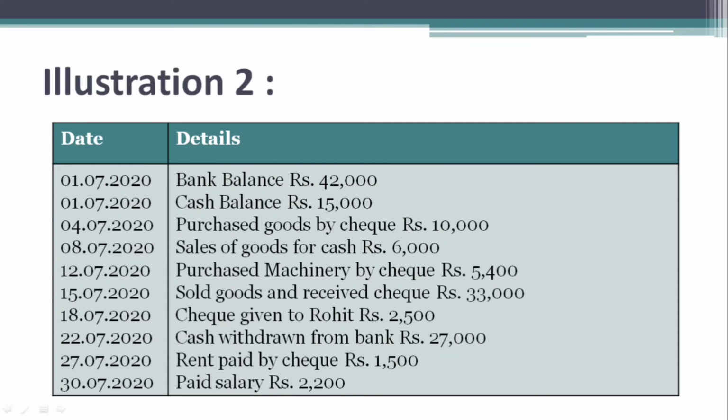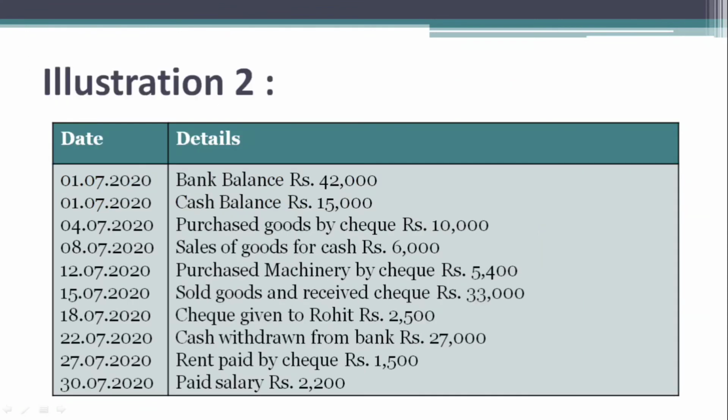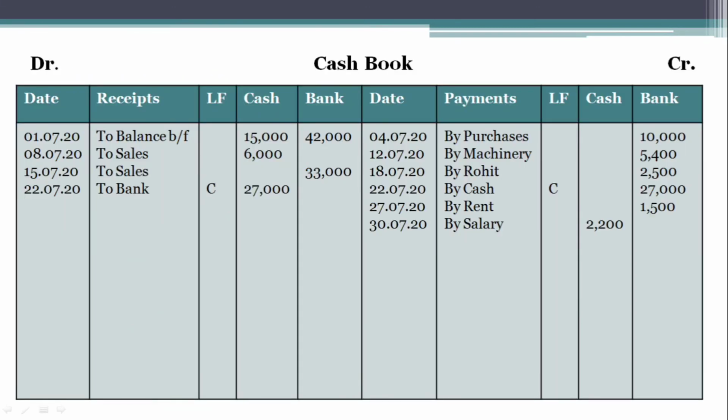Next, rent paid by check rupees 1,500. Here we write by rent 1,500 in the bank column, as it was mentioned that it is paid by check. Last, paid salary rupees 2,200. Now here it is not mentioned whether it is paid by check or by cash, so we assume that we have paid the salary by cash itself.